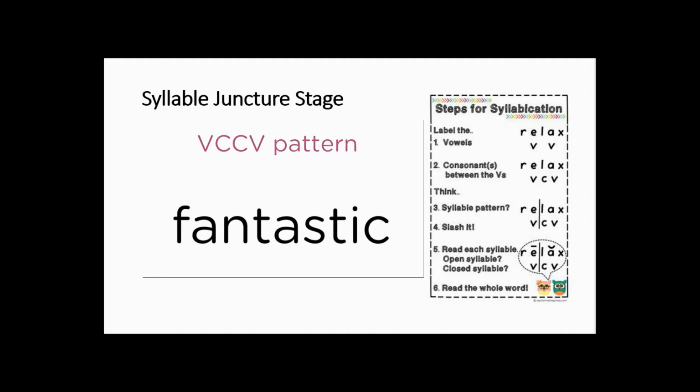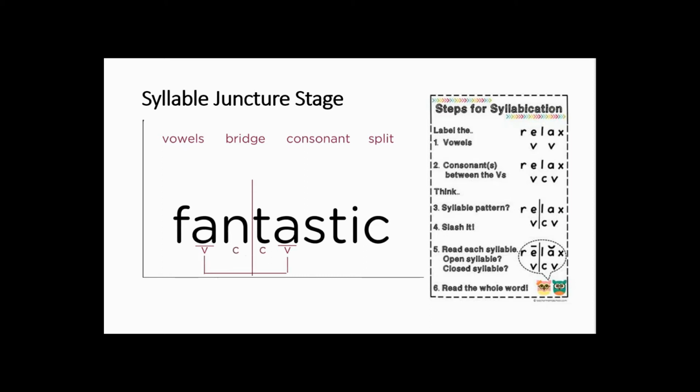So what we do is we make it multisensory and we maybe sing our song. Vowels, bridge, consonant, split. So we underline our first 2 vowels. Many of our students are going to want to go ahead here, but no, slow down. Only work with 2 vowels at a time. So we underline our vowels, vowels, bridge, consonant, split.